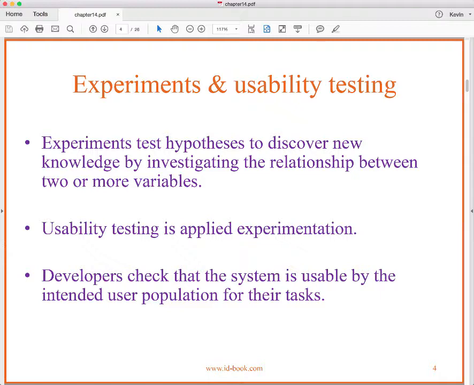And so we'll get to that, but here, when we're talking about having experiments to test hypotheses, we're coming down, I think, stronger on the researcher side.